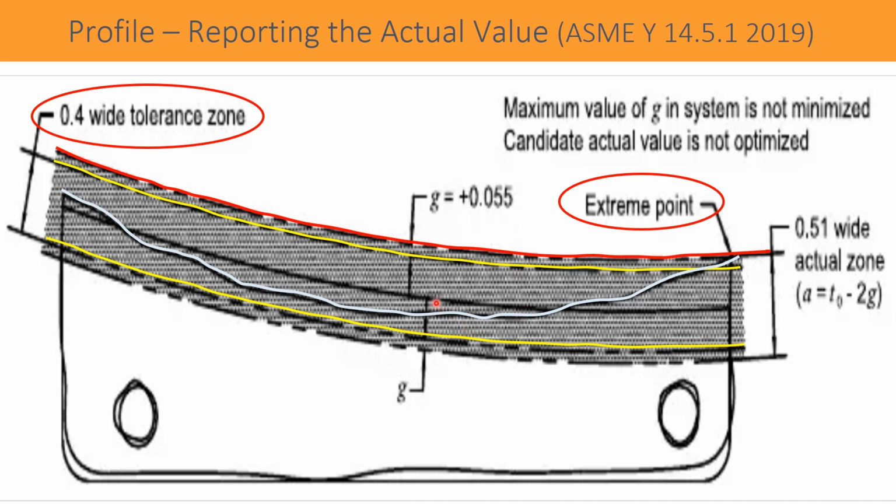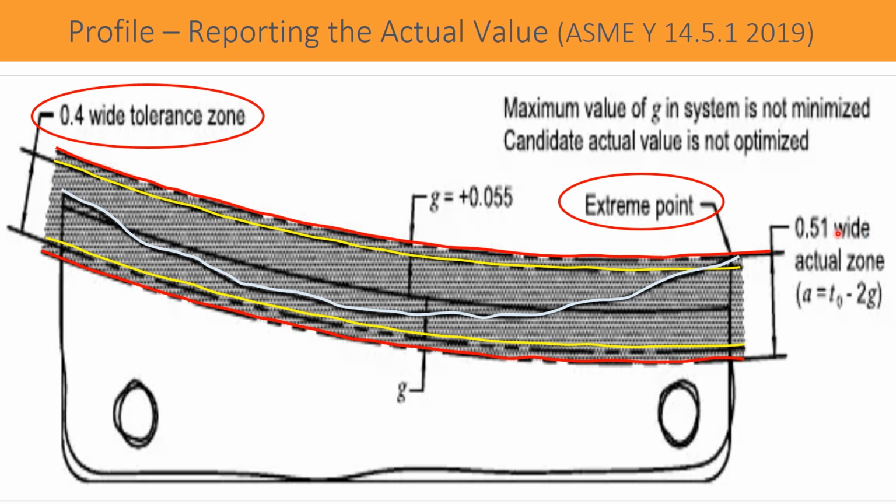This 0.055 and the one side tolerance zone 0.2, when we add, that same is placed in the opposite direction. As discussed in the previous slide, this maximum point is mirrored in the opposite direction, and one more actual least material boundary profile is created, and the actual profile zone now becomes 0.51 wide.